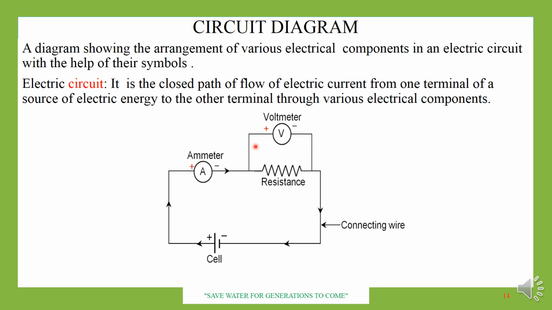Is it connected in series or parallel? Yes, it is parallel, and here it is in series. Now you can see plus is connected to plus, minus to minus, and again the negative terminal of the voltmeter is connected to the negative of the battery. So this is the complete circuit diagram.